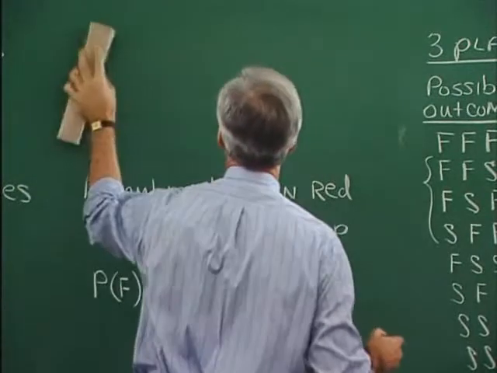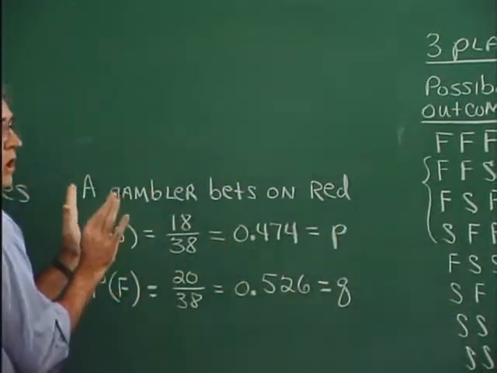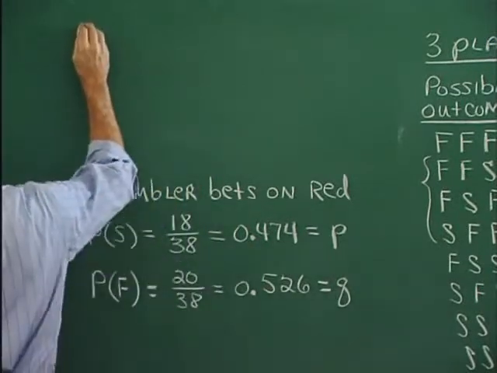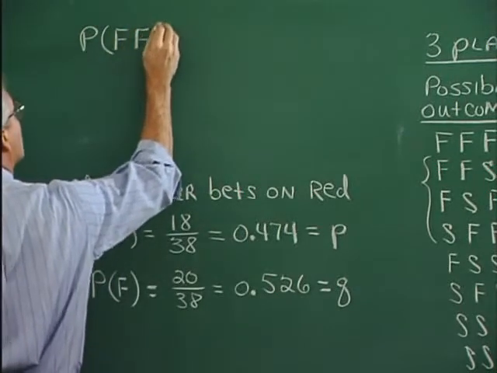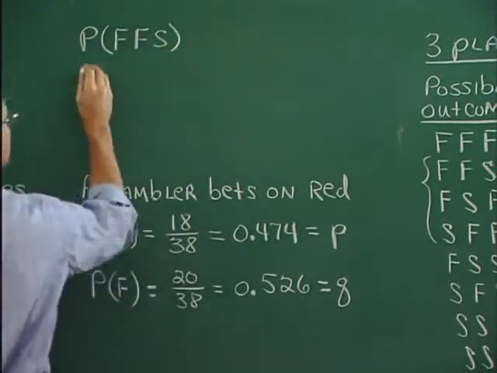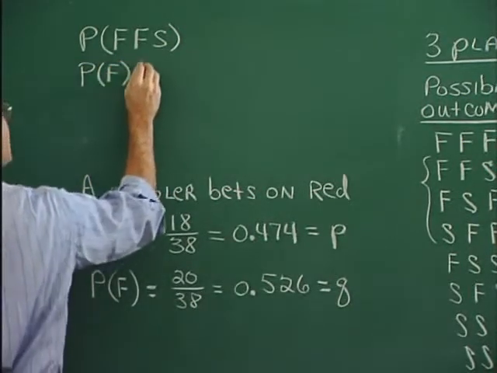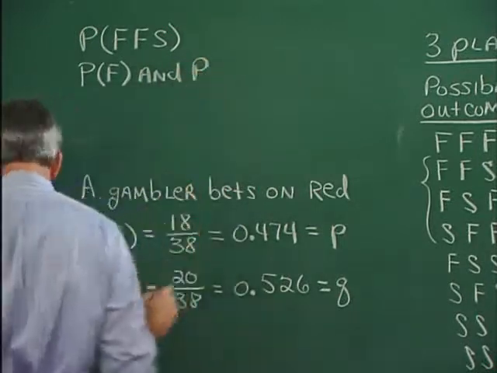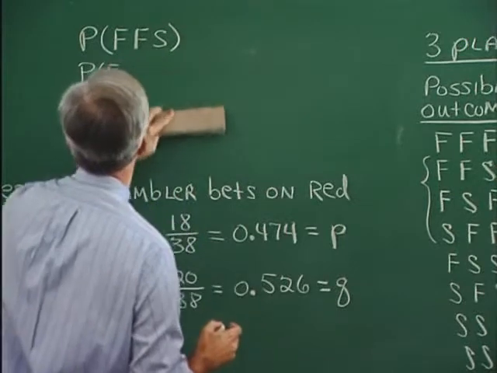This is the long version, I'll show you the short version in just a moment. The probability that we have an outcome of failure, failure, success is the probability of failure and, well, let me do it this way. My bad, I'm backing up a little bit.